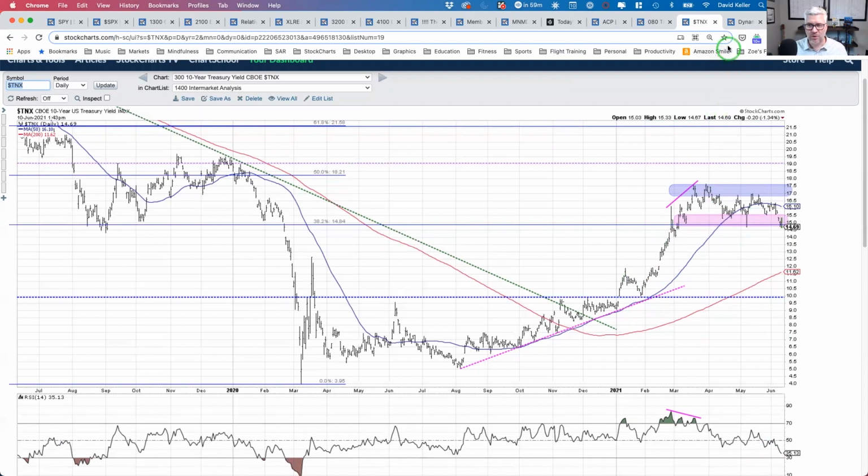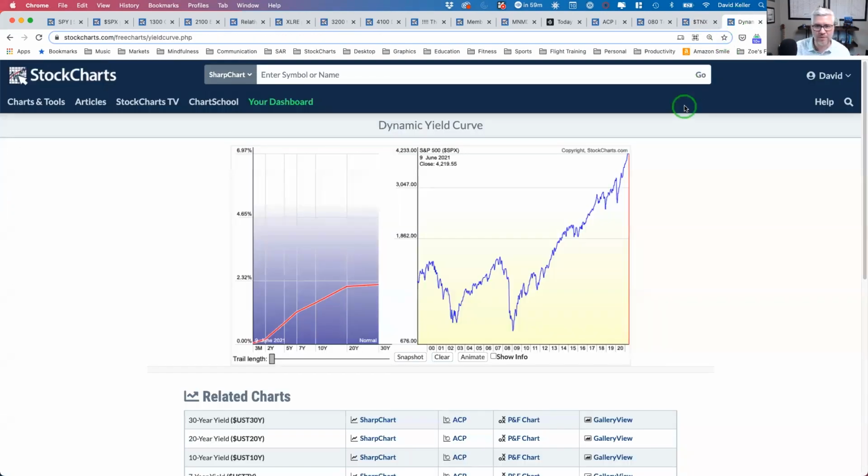So what does that actually mean? Well, before we get to that, I want to talk a little bit about the shape of the yield curve. And I'll be honest, if you were looking for an exhaustive discussion about the Fed and economics and implications of monetary policy and fiscal policy, I am not the guy for that. That is not where I focus my time. I focus on charts. I focus on trends. I focus on momentum.